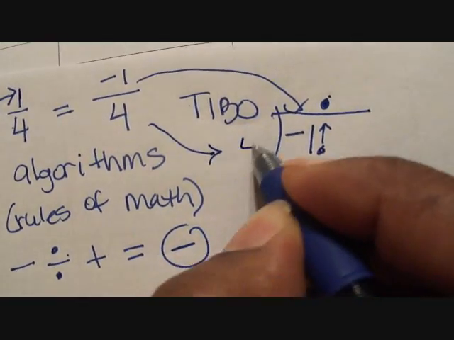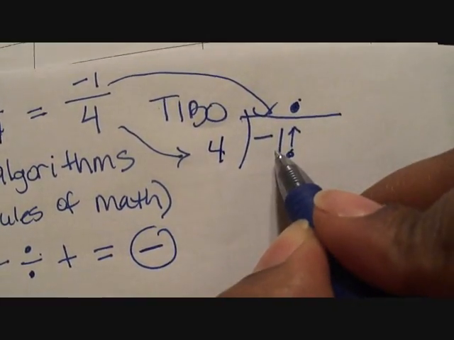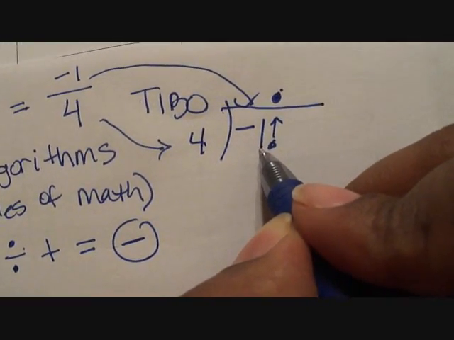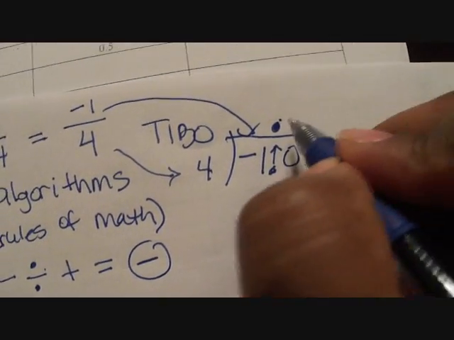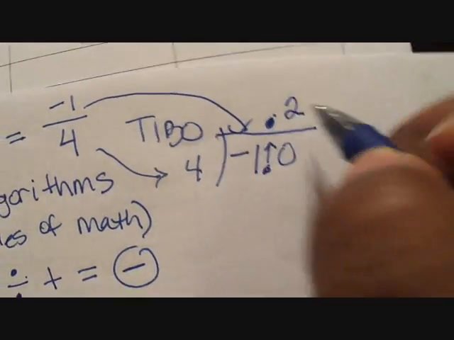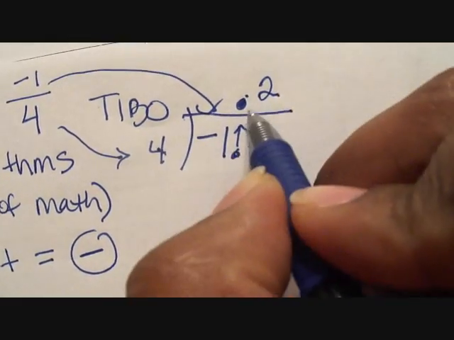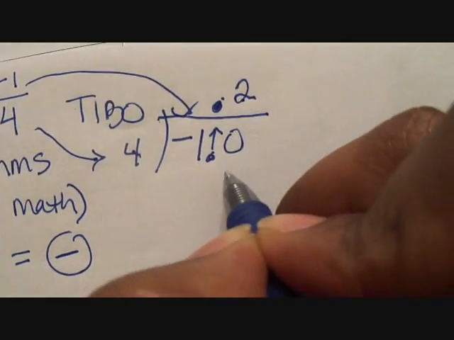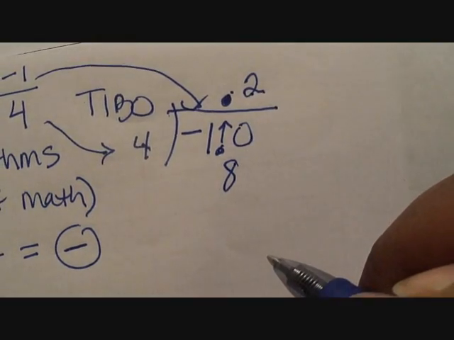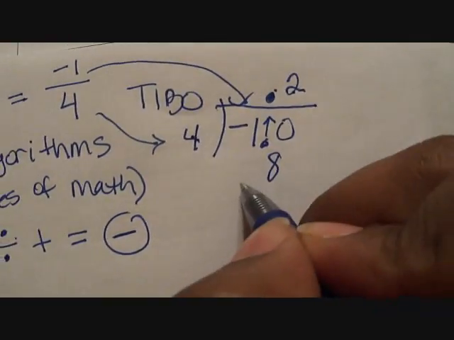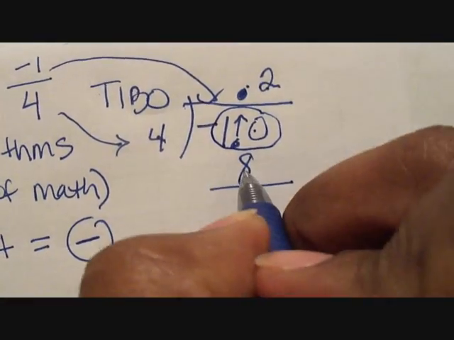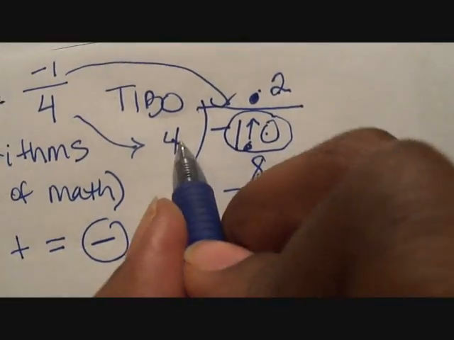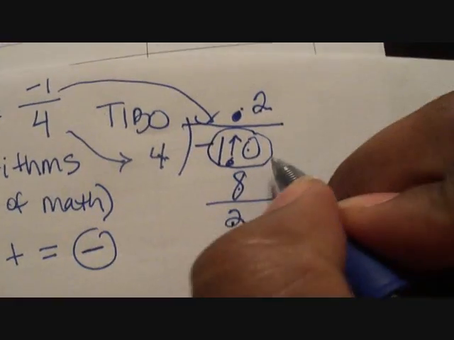bottom out. 4 will not divide into -1, so we need to add a 0. 4 will divide into -10 2 times. 4 times 2 is 8. We're going to just take the number only, and we're going to say 10 minus 8 is 2. 4 will not divide into 2, so what do we need to do?